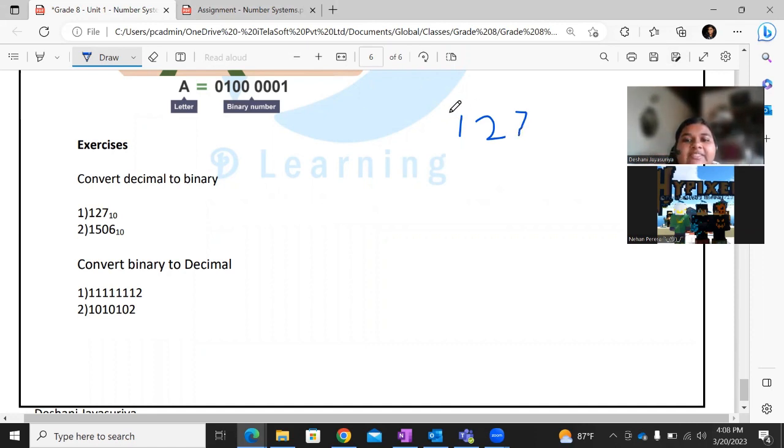I'm going to divide this by 2. Right, so 127 will write as 12, we have 6 and 2, 3.